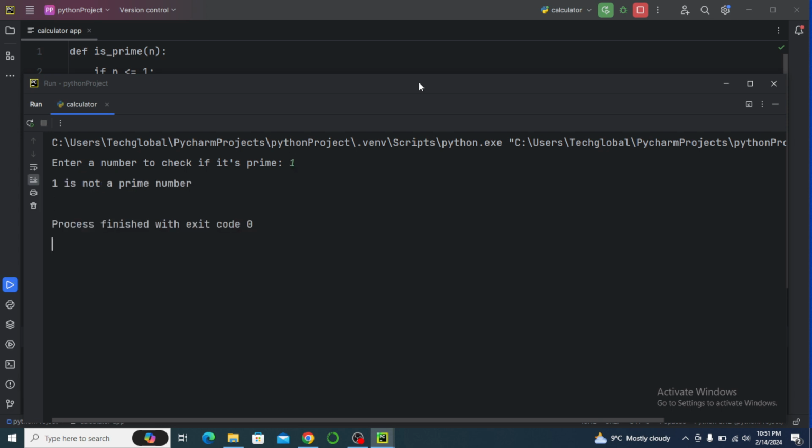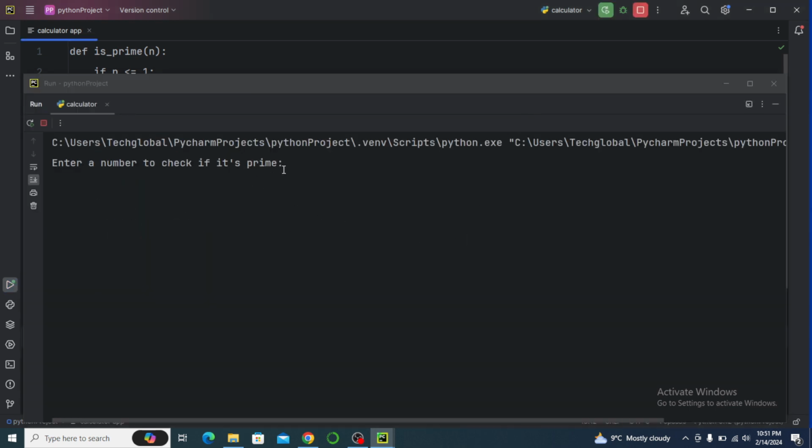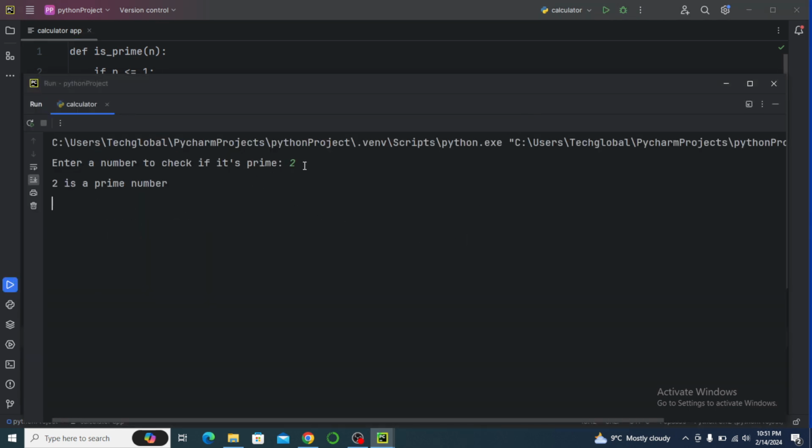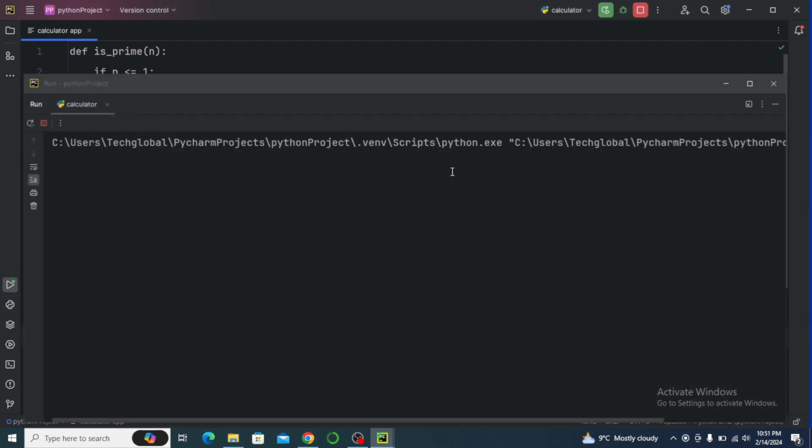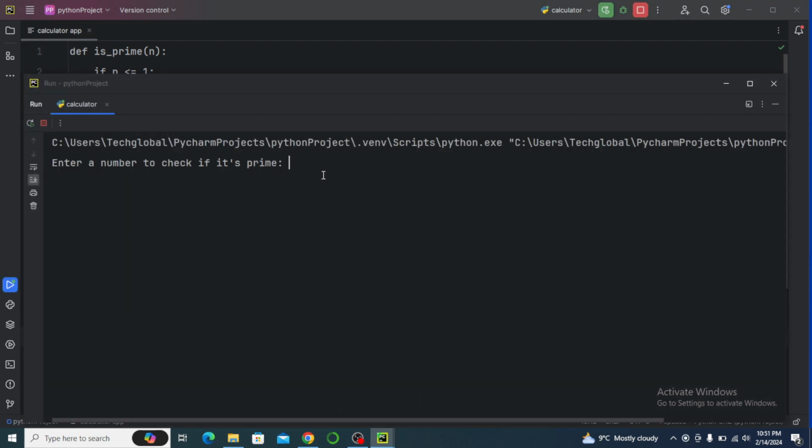Let's start with 1. So 1 is not a prime number. Let's say 2. 2 is a prime number. That's good. Let's say 3. 3 is a prime number.